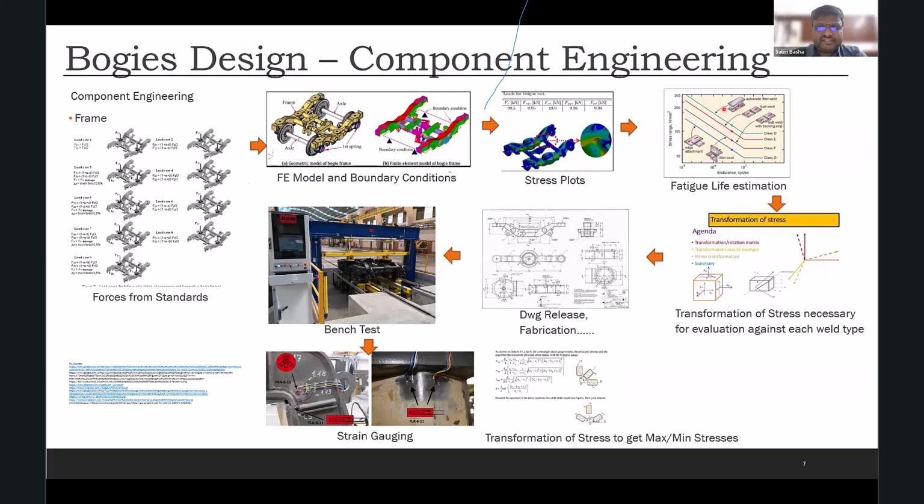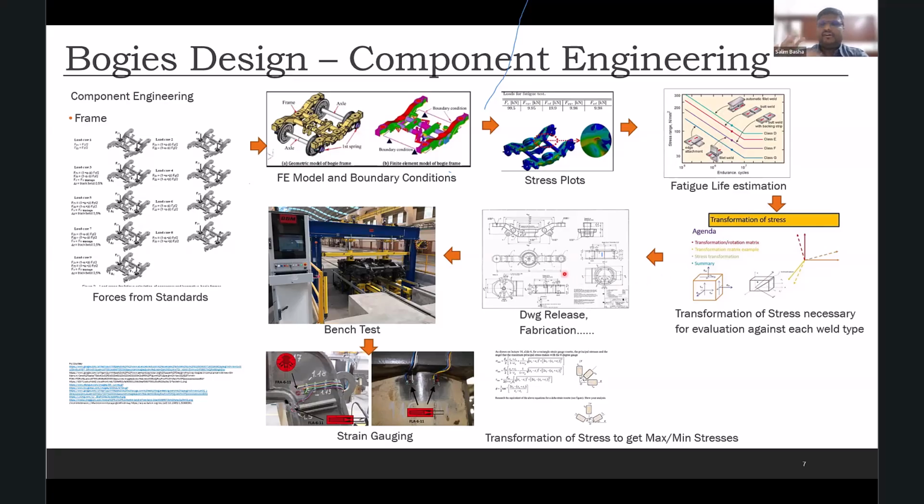So we try to get this data. There are again international standards which are written about a welded design. So they define the strength of different types of welded joints, and we compare against the stresses that we get here. So this is how we come to a conclusion that yes, we iterate the design and ensure that the welds are taken care of and they don't fail.